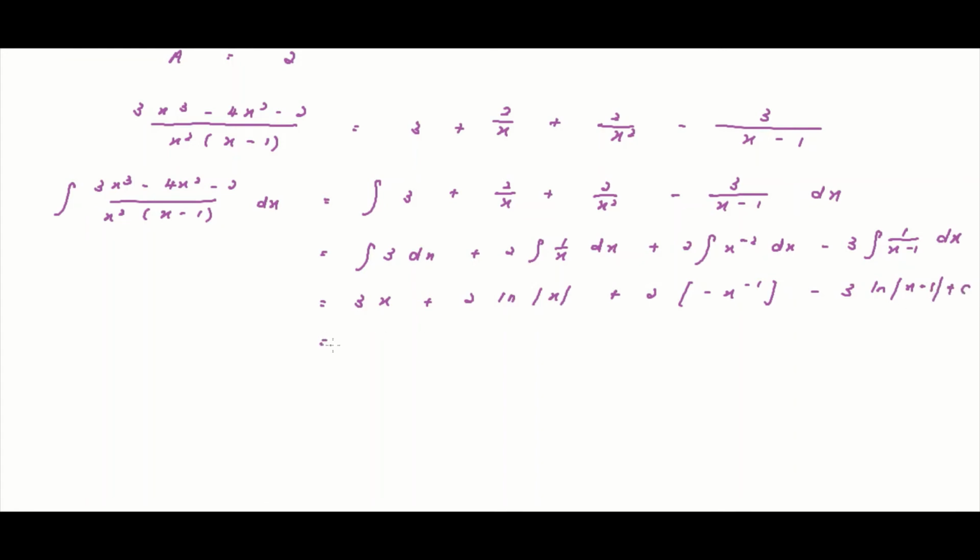Okay, so now let's try to simplify your answer. So 3x plus 2 ln x, okay, and then plus 2 over x minus 3 ln of x minus 1 plus c. Alright, so if you want to, you can combine these two together, but I guess it's not necessary.